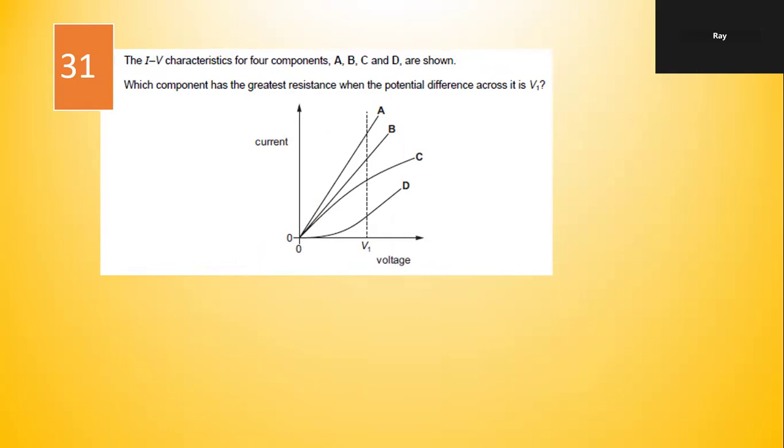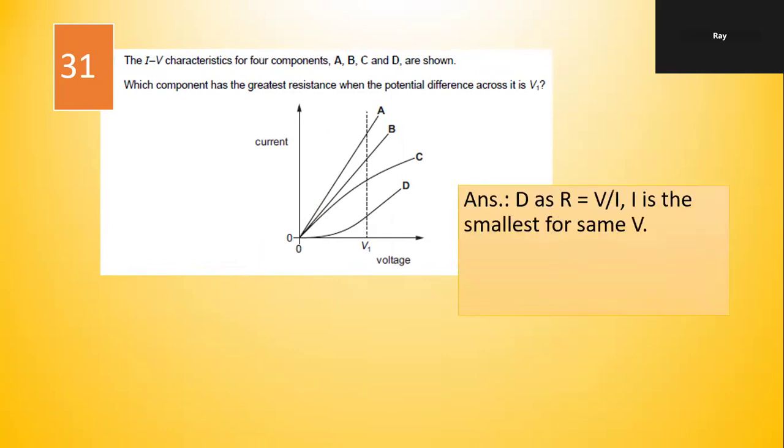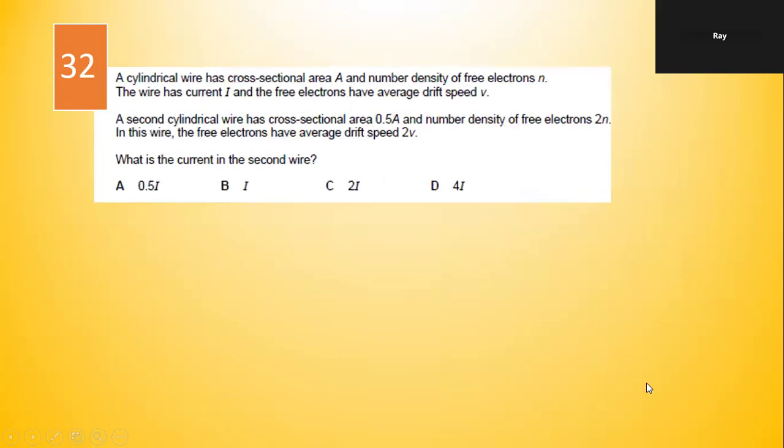Yeah. C. Okay. Yeah, your resistance is V over I. V is constant, so you want I the smallest to get the largest resistance. Okay. How about this one?